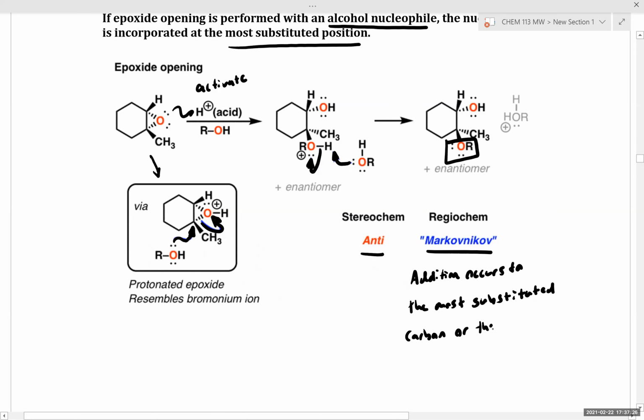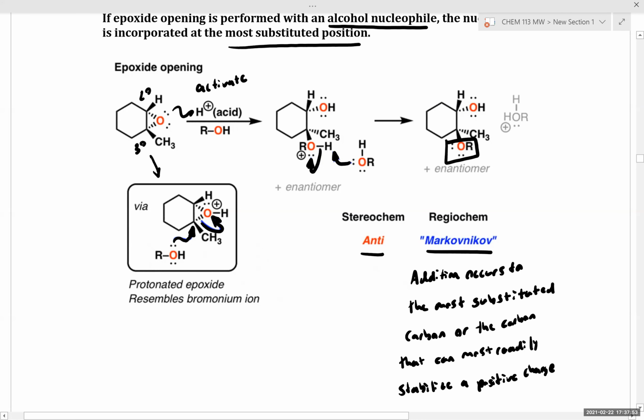or the carbon that can most readily stabilize a positive charge. So in this case, we have a secondary versus a tertiary position.